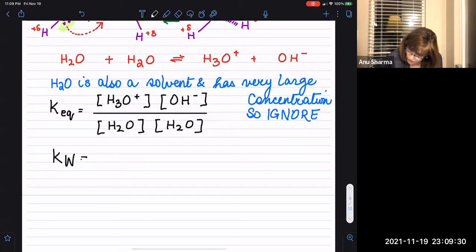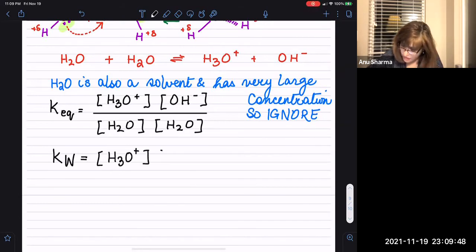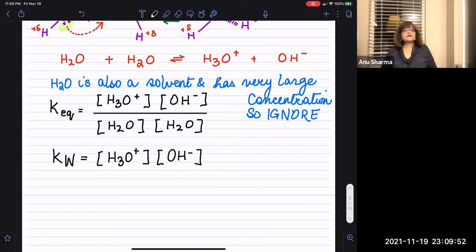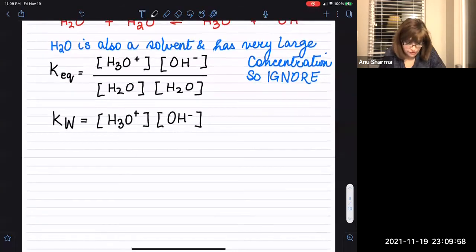Okay, so now the equilibrium constant becomes the concentration of H3O plus and OH minus. So this is called the ion product of water. Okay, now what are the values here?